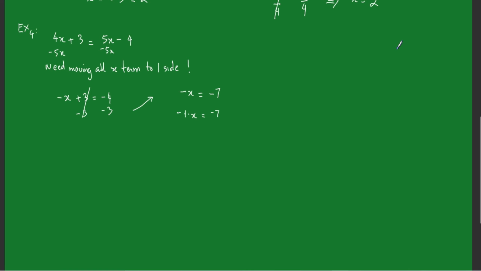In order to get x by itself, we're going to divide both sides by negative 1. So this is canceled out. What you have left is x equals negative 7 divided by negative 1, which is just positive 7. There you go, so this will be your final answer.